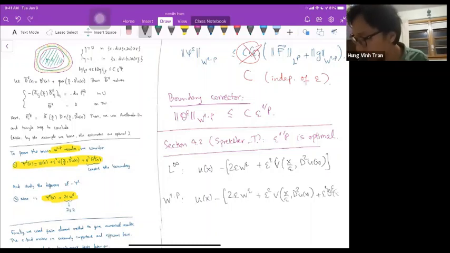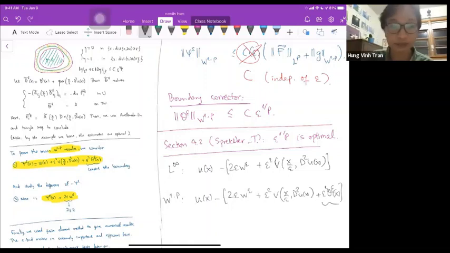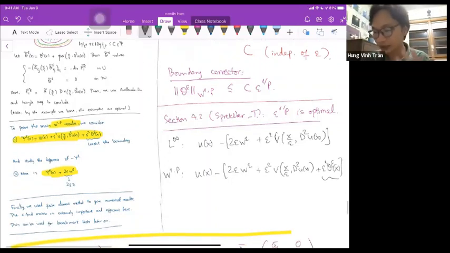Yeah, so we really need to take this sort of boundary corrector into account in order to capture it. Okay, and then what is important is that we can use finite element methods to check that all the rates obtained are optimal. And I didn't do any of the numerical results. That's all what Timo did.